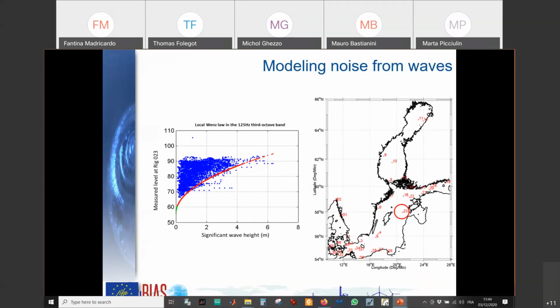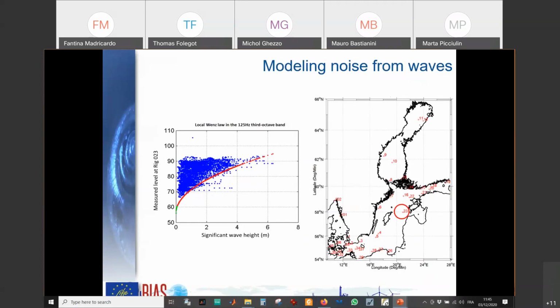Thank you. And just to continue your first question, Fantina, on the correlation: we calculate that correlation for each frequency band, and we have a different value. It changes when you change the frequency.